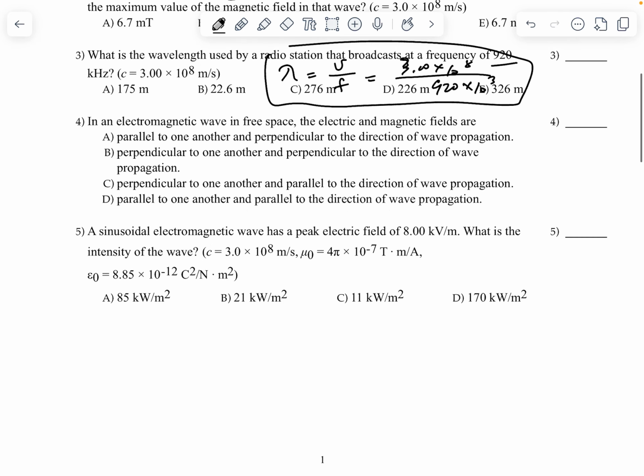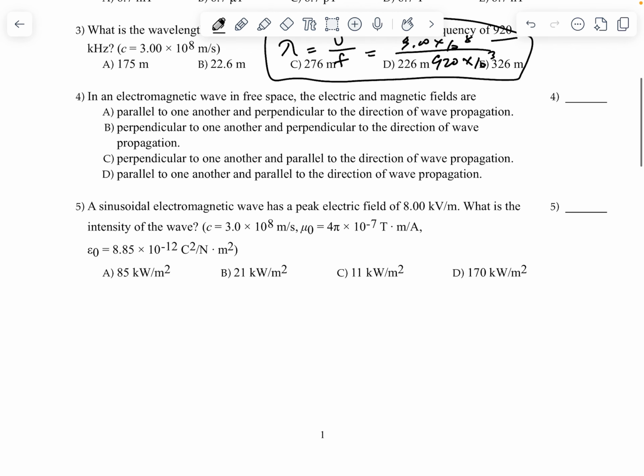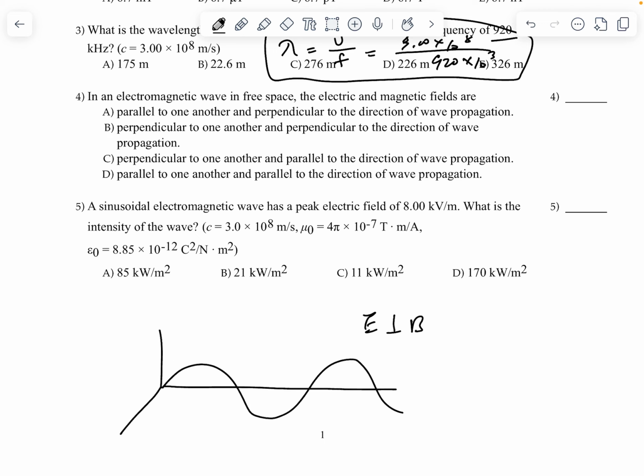All right, number 4. In an electromagnetic wave in free space, the electric field and magnetic field, we know they're perpendicular to each other, so E perpendicular to B. In class we talked about how if this is E, this will be B. Both are perpendicular to one another and perpendicular to the direction of wave propagation.